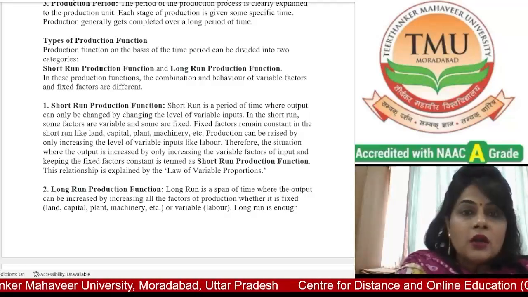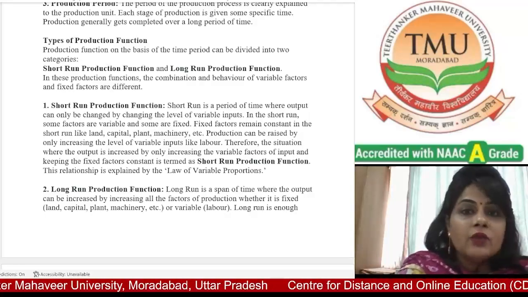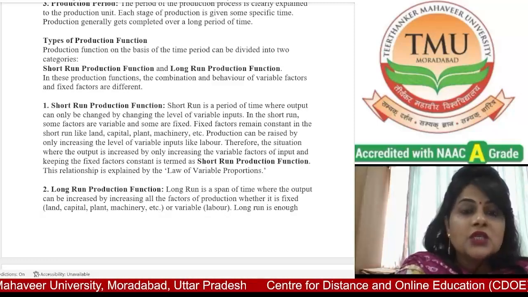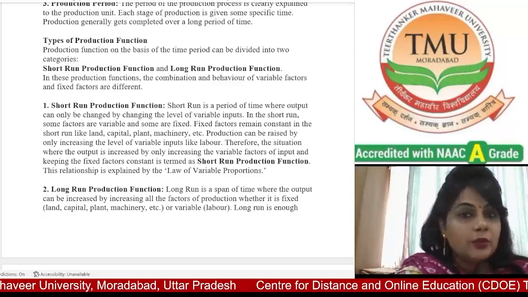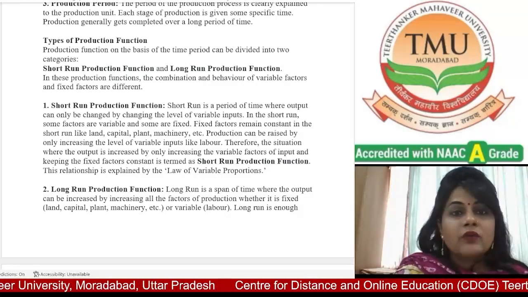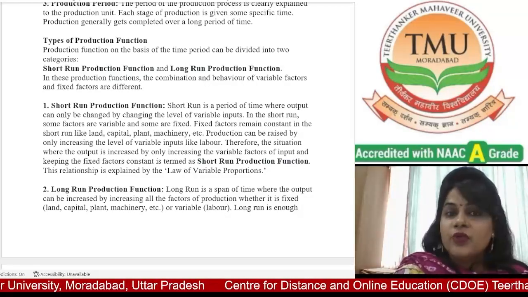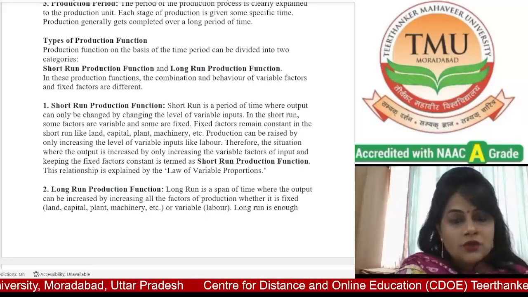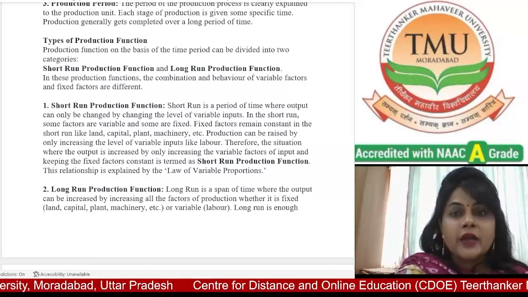Short run is a period of time where output can only be changed by changing the level of variable inputs. In the short run, some factors are variable and some are fixed. Fixed factors are mostly land and labor.